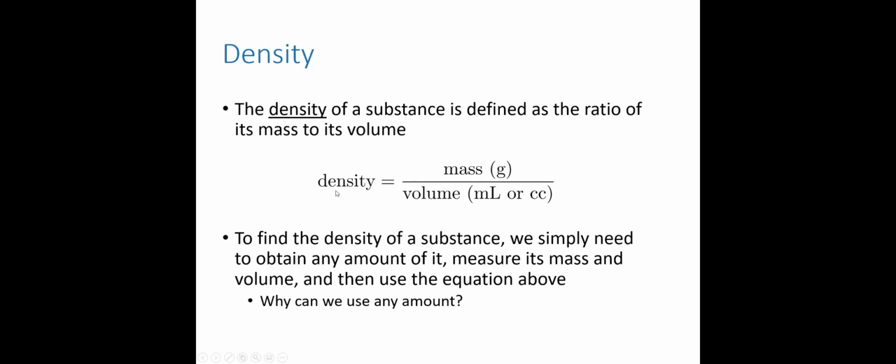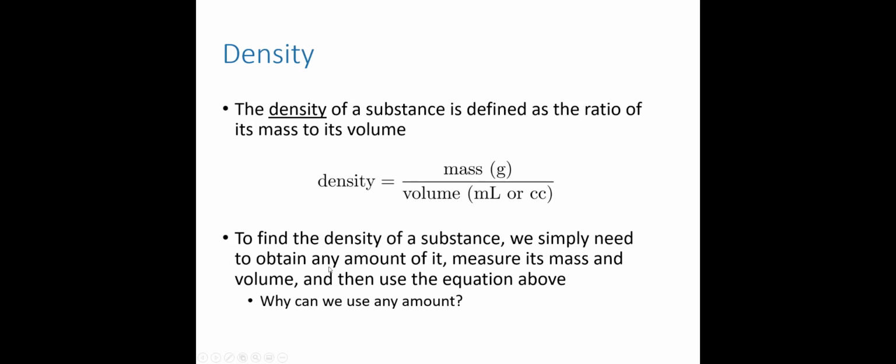So as a formula, we can write it like this: density equals mass, usually in grams, over volume, and we're usually going to do that in milliliters or cc, which is cubic centimeters. So if we want to find the density of anything, all we need to do is find our object that we want to go ahead and get the density for and weigh it to get its mass, and then measure its volume and divide one by the other.